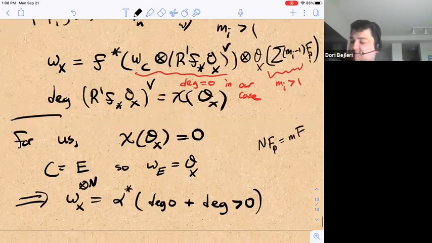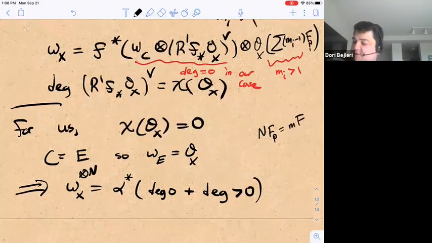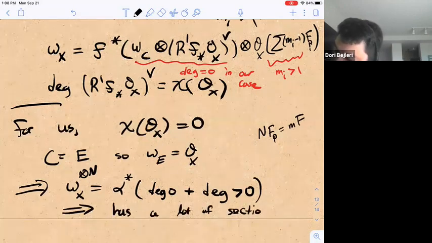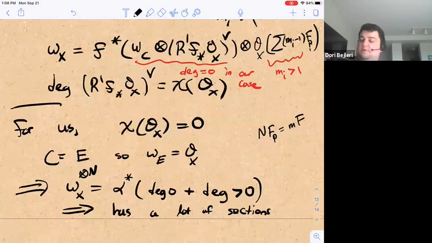Then this is the pullback of a degree 0 line bundle plus some degree greater than 0 line bundle supported on these fibers. So basically this has a lot of sections. Namely, the Iitaka dimension is 1 because it's the pullback of an ample on a curve.